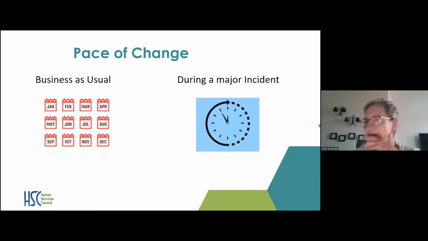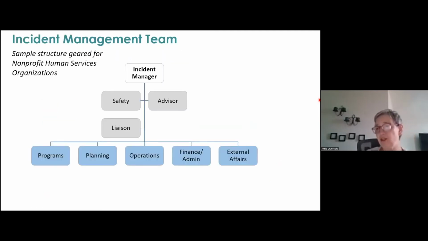So we're going to look at a sample. We, of course, have put together a sample, what we're calling an incident management team. And this is something that is based on, as some of you probably know, the incident command system, this approach to managing emergencies created for emergency response organizations, where it's a very large event and you have teams coming from all over.